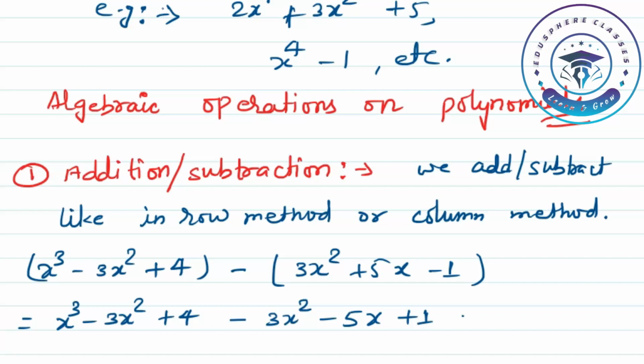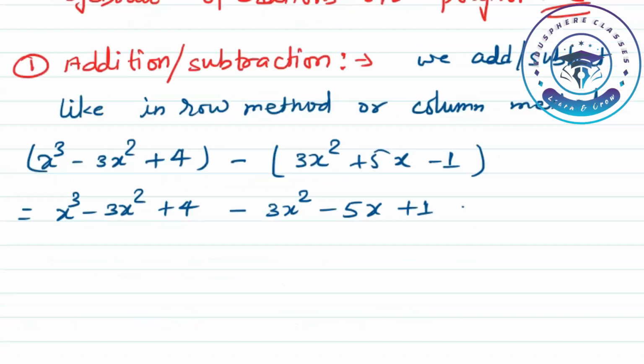So from here we can write x cube, then minus 3x square and minus 3x square, that is minus 6x square, then minus 5x, plus 4 plus 1, so plus 5.